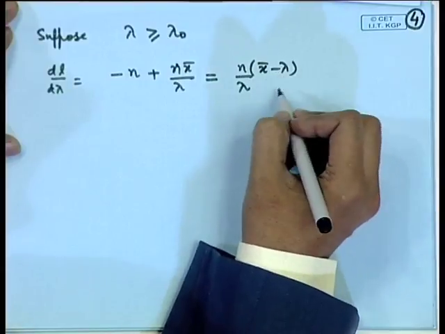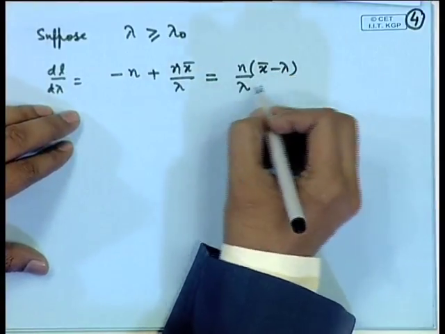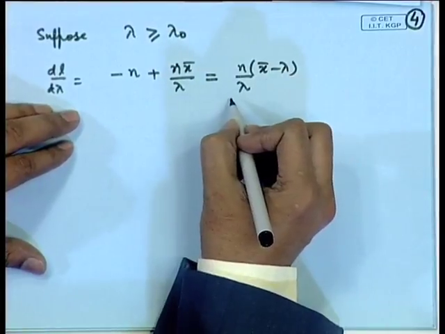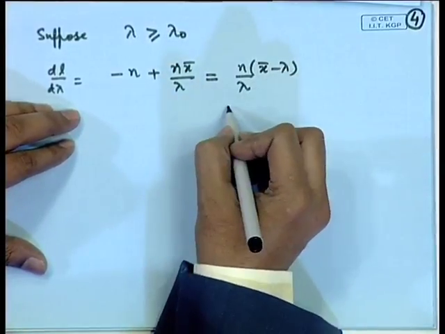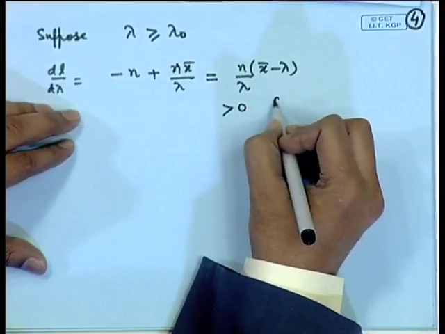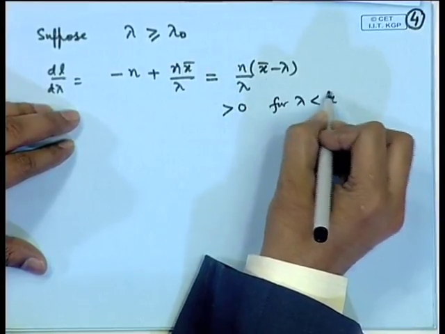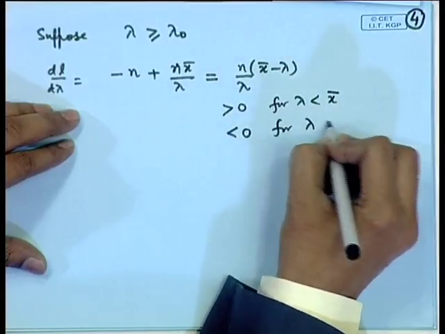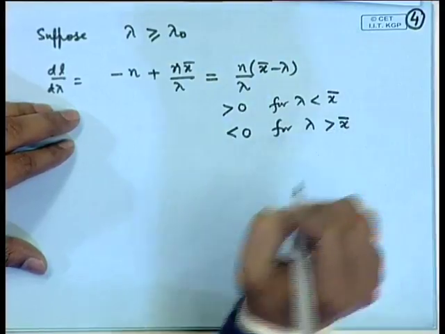So, you can see here that if lambda is less than x bar, then this is positive. It is less than 0 for lambda greater than x bar.